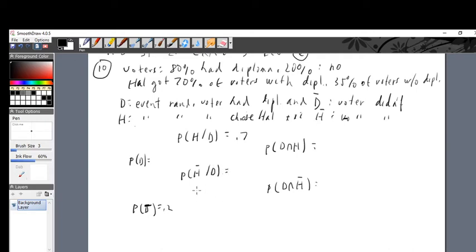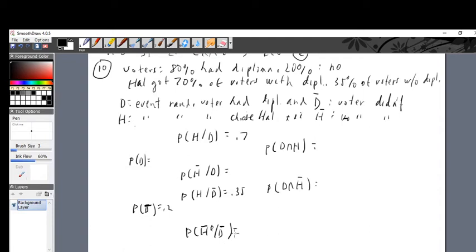And the probability of having voted for Hal but no diploma. This they give; this is a given. They give a few givens. And underneath this, they want the probability of not voting for Hal given that the voter does not have a diploma.